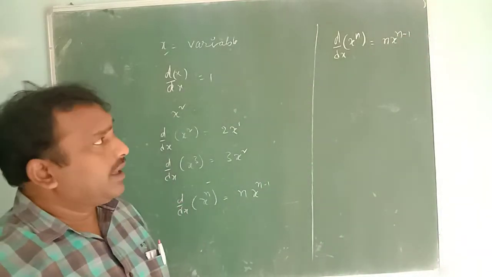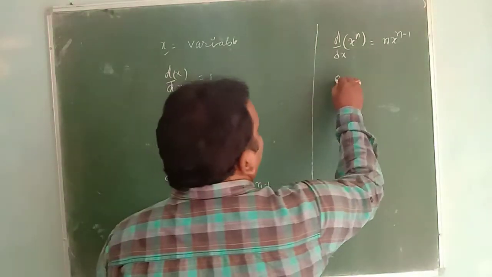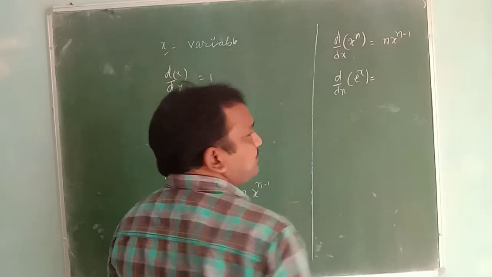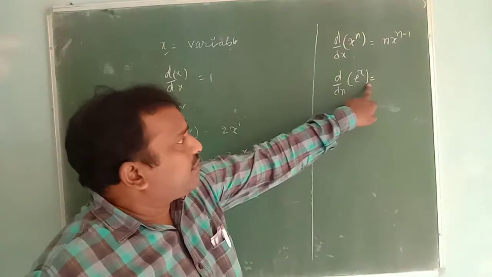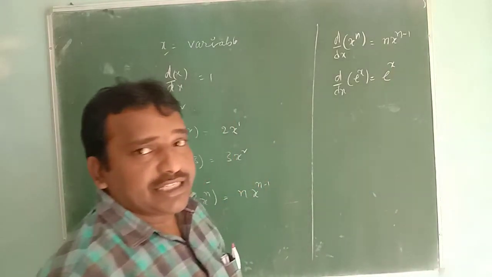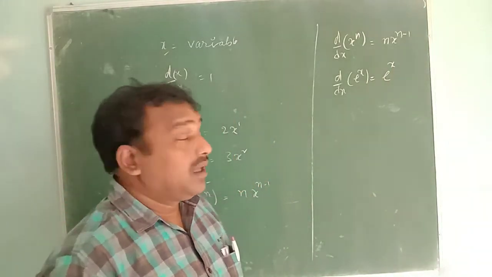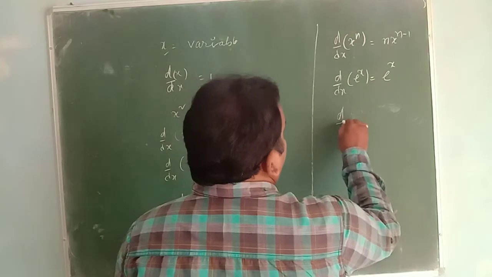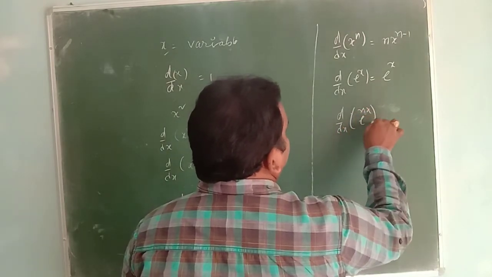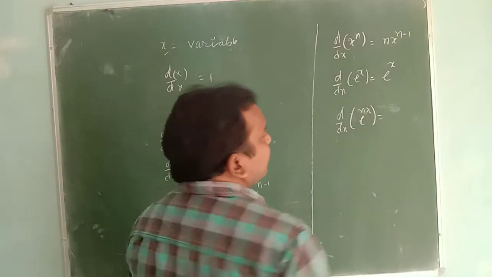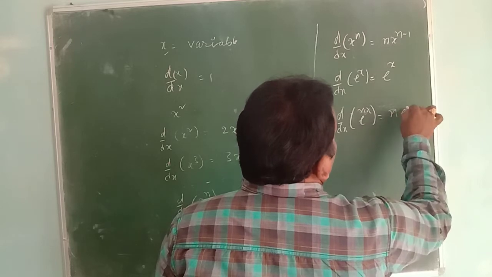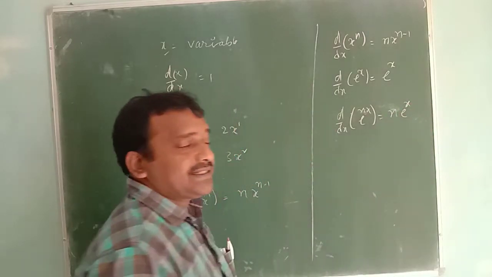Okay, next derivative of d by dx of e power of x. Derivative of e power of x value will be equals to e power of x itself. Suppose if you are taking the d by dx of e power of nx, then the value of this one will be equals to n into e power of nx.